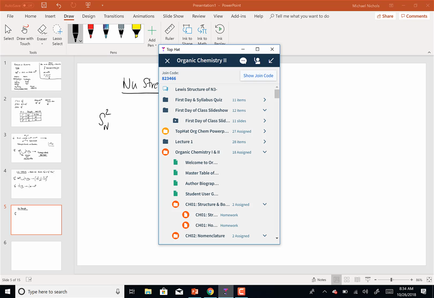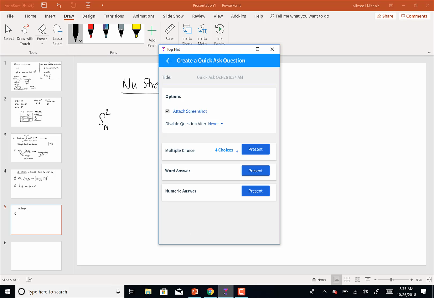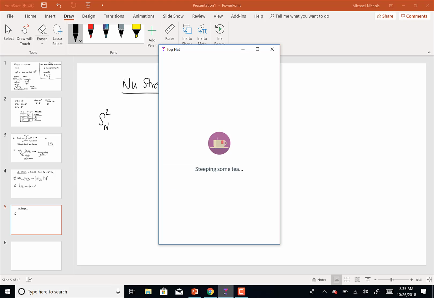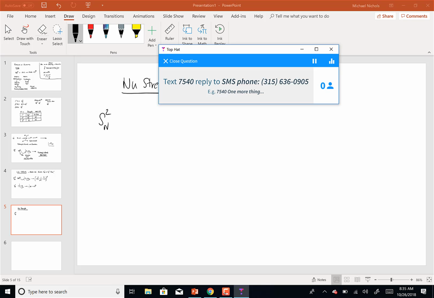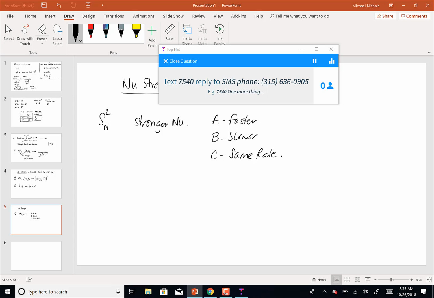Yes. My question is a multiple choice question. Will a stronger nucleophile cause an SN2 reaction to occur faster, slower, or have no effect so that the reaction would occur at the same rate?